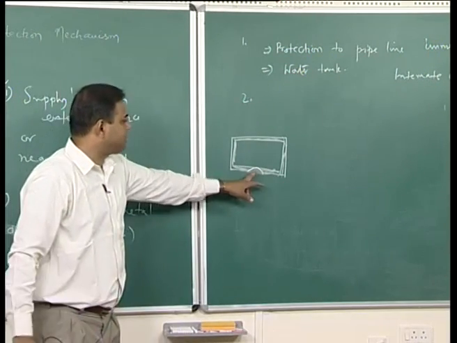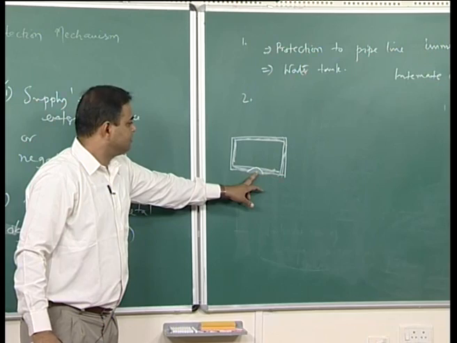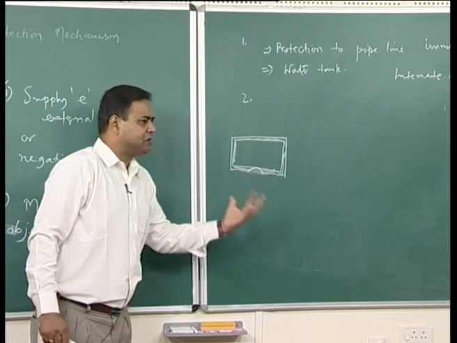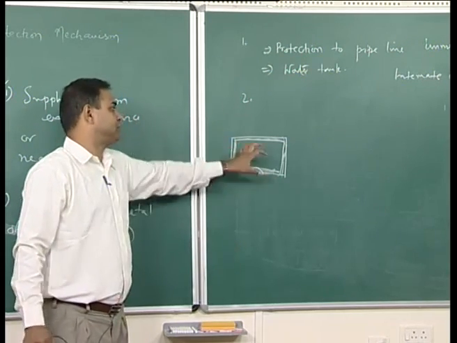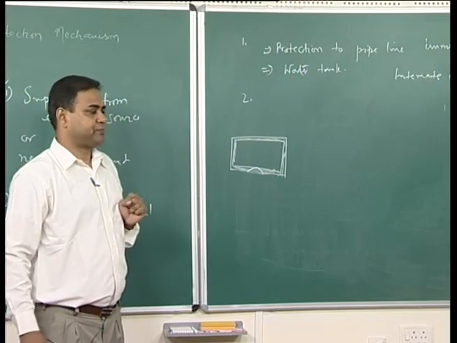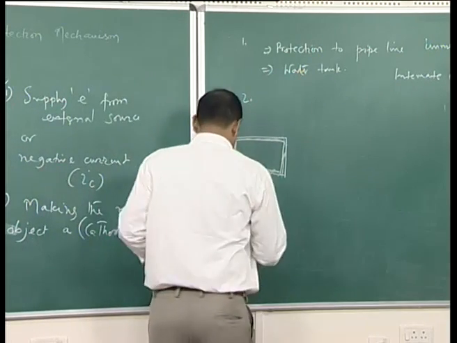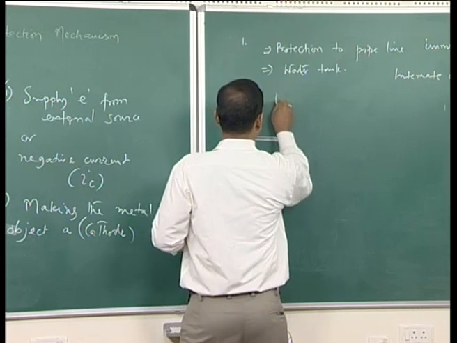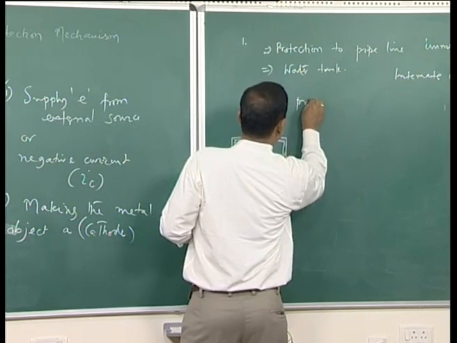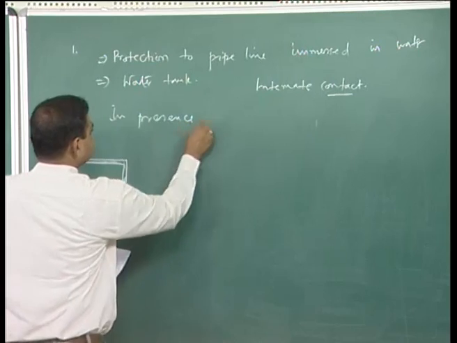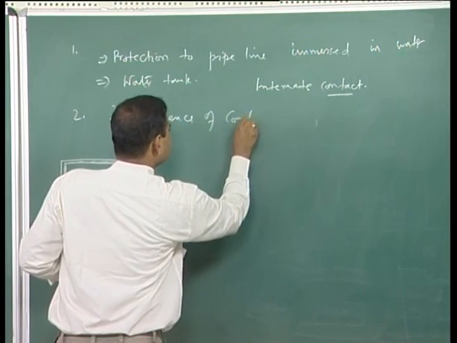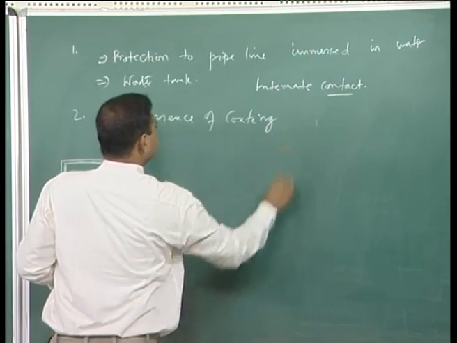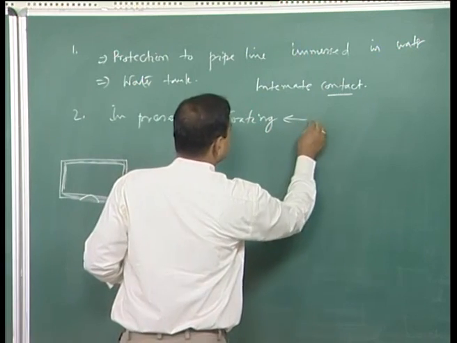That damaged part will have very good protection if we give cathodic protection to this system. So, in the presence of coating, this method is very useful.